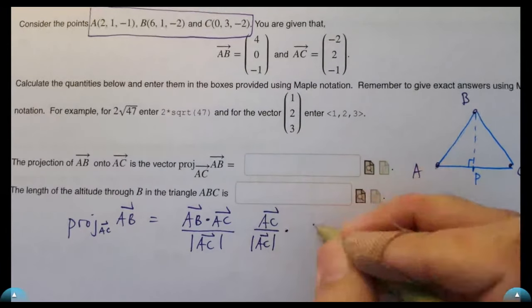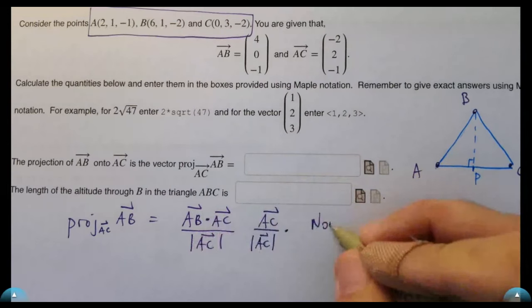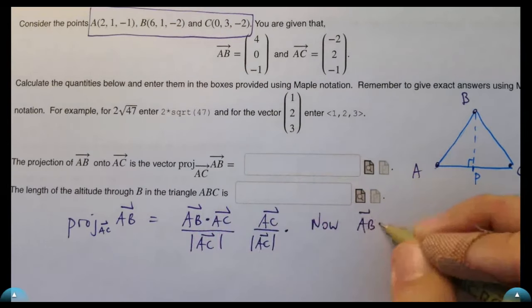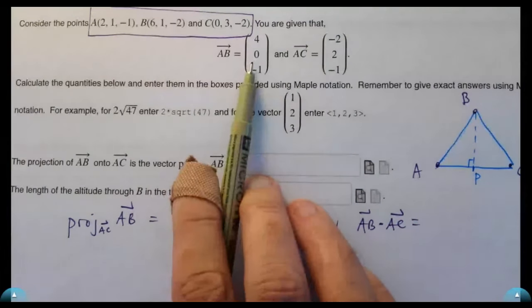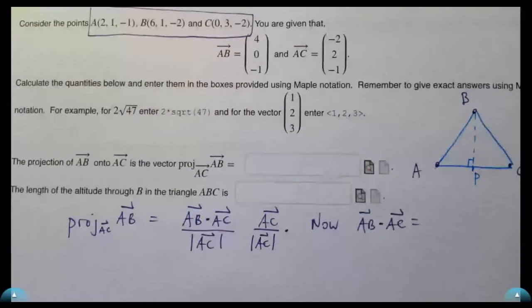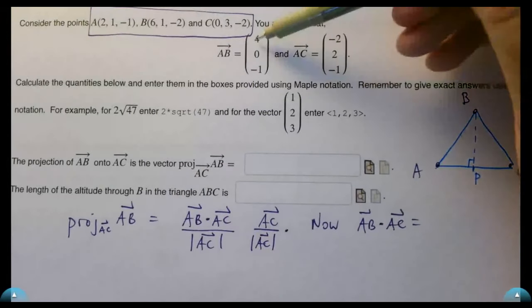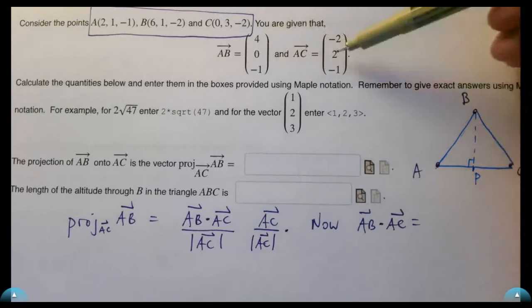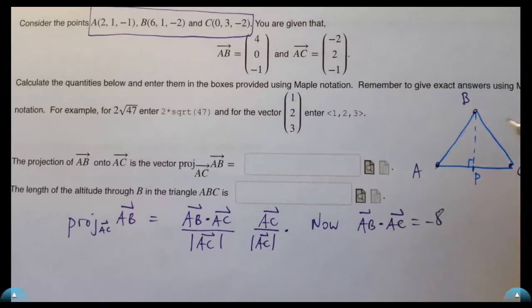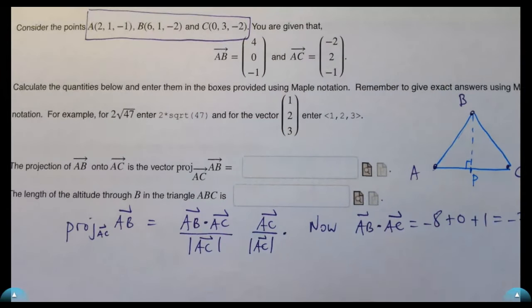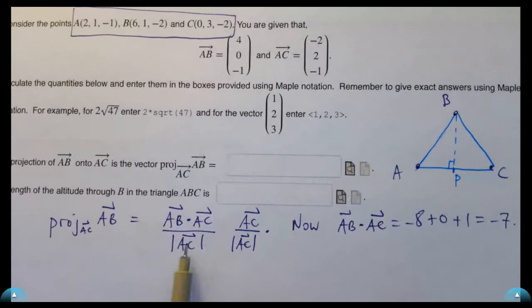Okay, so let's compute the dot product. So we have AB up here, AC here. So what's the dot product going to be? 4 times -2 plus 0 times 2 plus -1 times -1. So it's going to be -8 plus 0 plus 1. So let's compute the square of the length of AC.